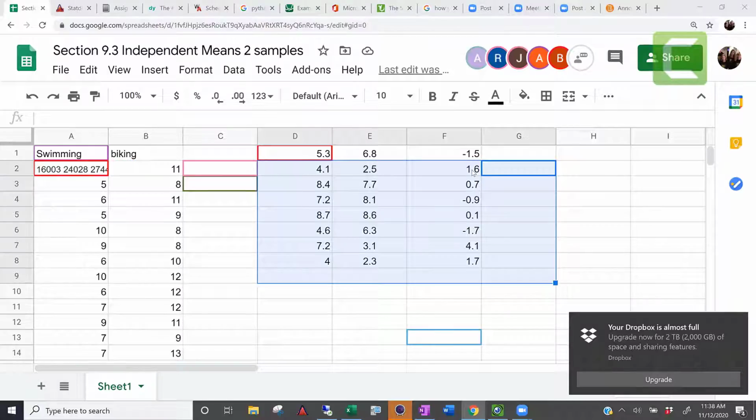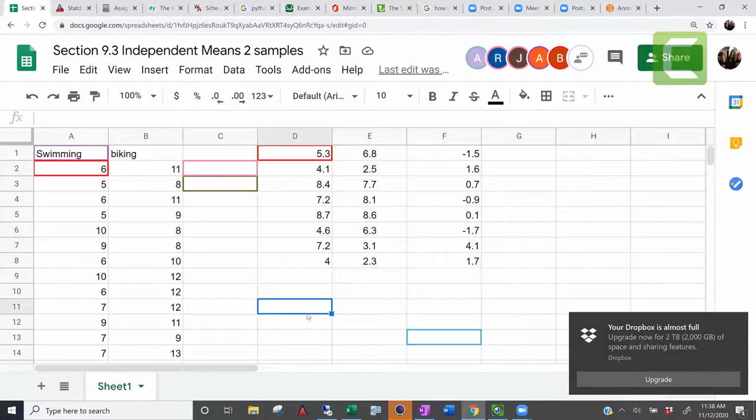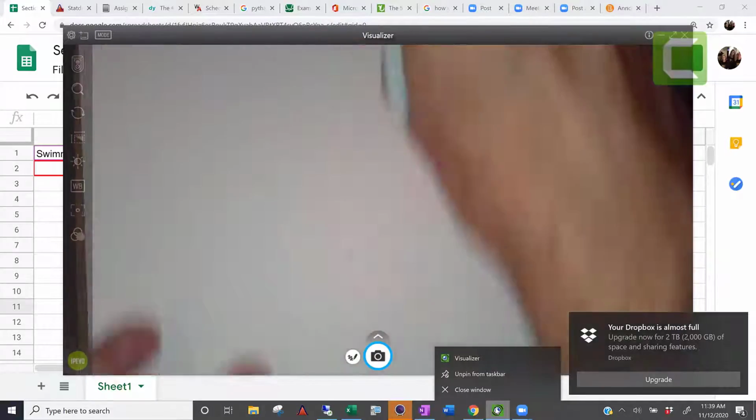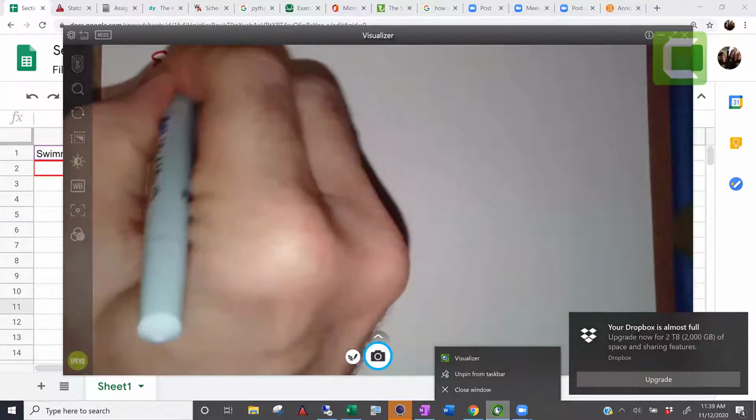And my theory is that the average number of likes I get swimming is less than the average number of likes I get biking. So we'll test that claim. Let's see here. There we go. So we'll call this example B.